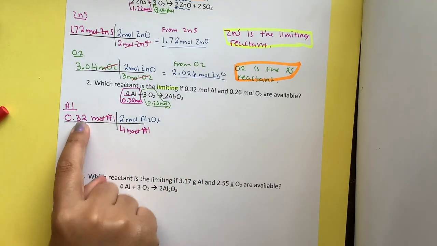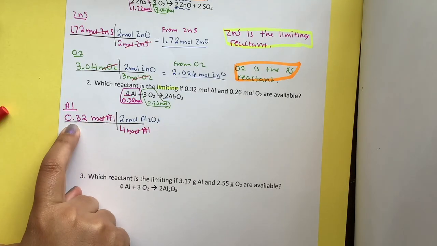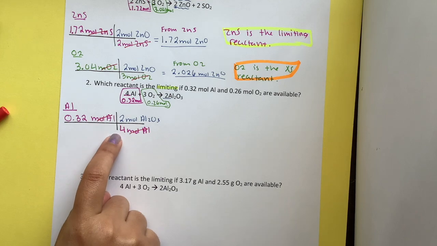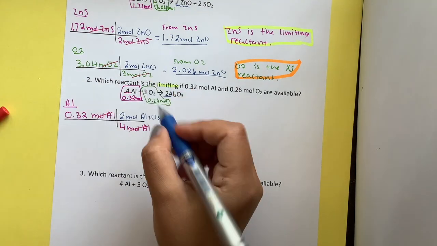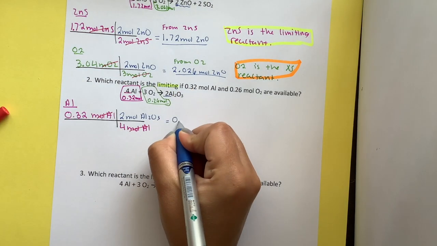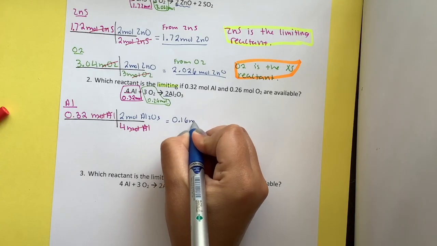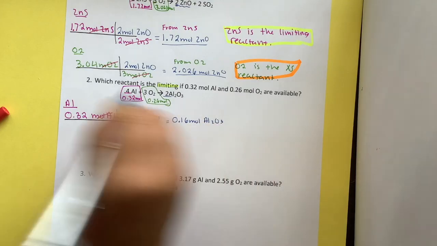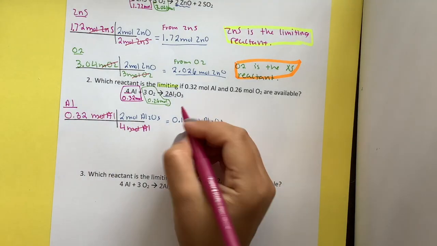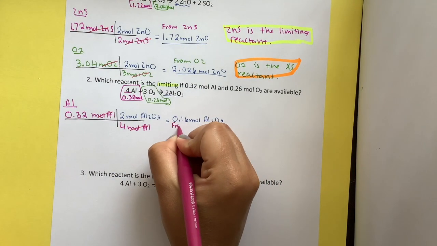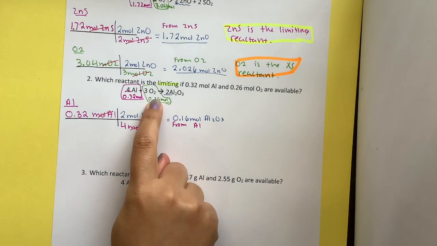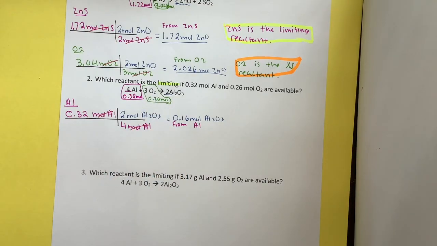Okay, so I'm going to get my calculator. Do 0.32 times 2 divided by 4. And that gives me 0.16 moles of Al2O3, and this came from aluminum. Okay, now I'm going to do the same thing with my other reactant, oxygen.